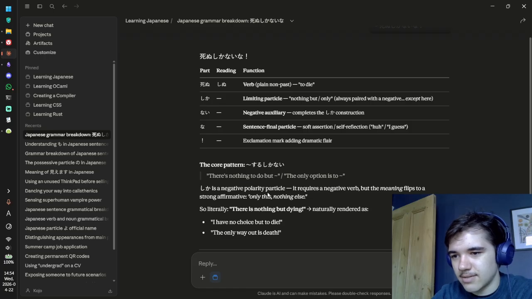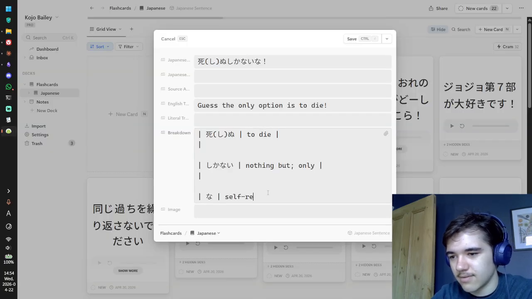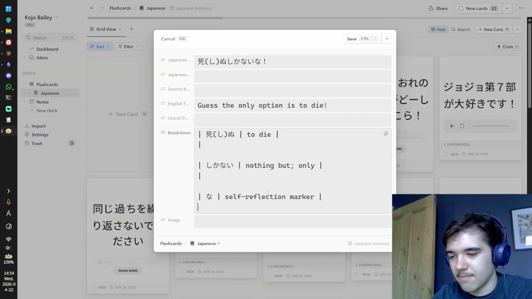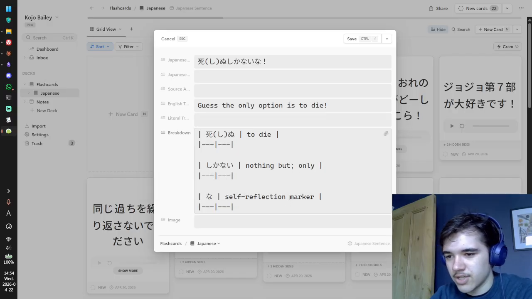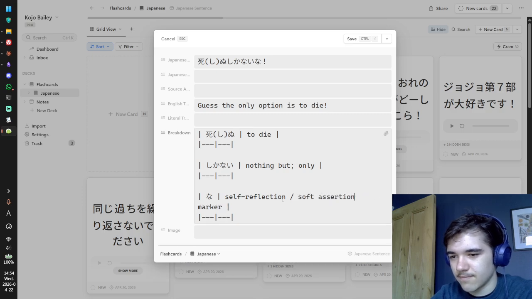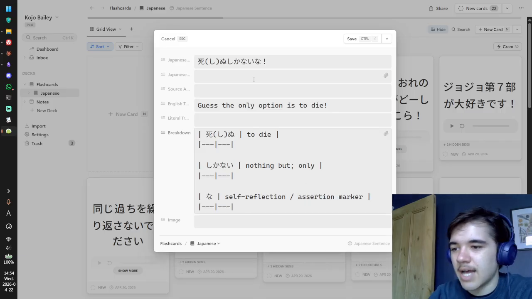Yeah, like a self-reflection marker. Self-reflection or soft assertion. Or it's just like assertion, really.